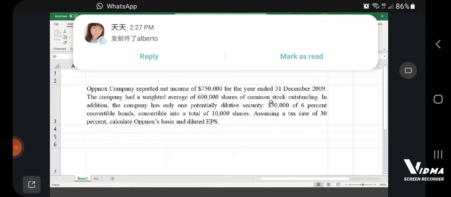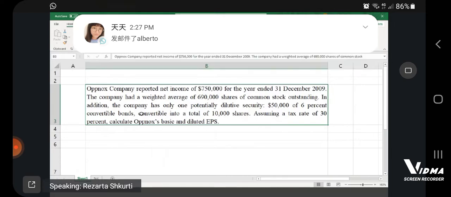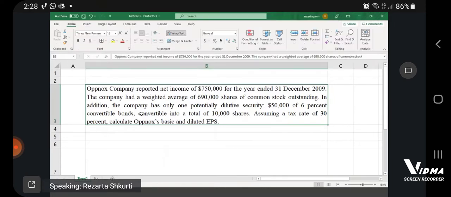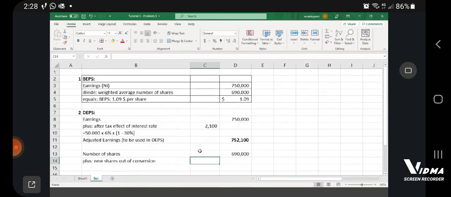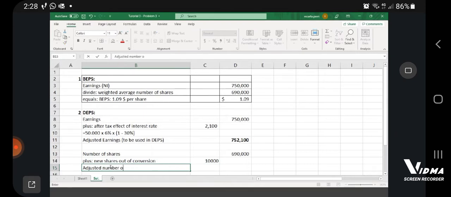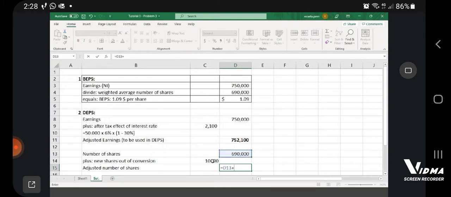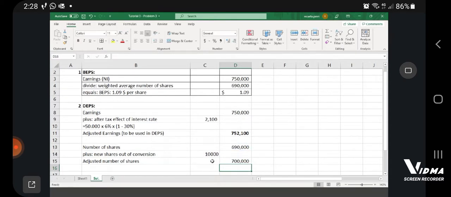For example, over here we are told that all this debt, dilutive security, $50,000 is convertible into a total of 10,000 new shares. So this is the amount of new shares that we have to include over here. And the adjusted number of shares that we should take into account for calculating the diluted earnings per share, therefore, is 700,000 shares.